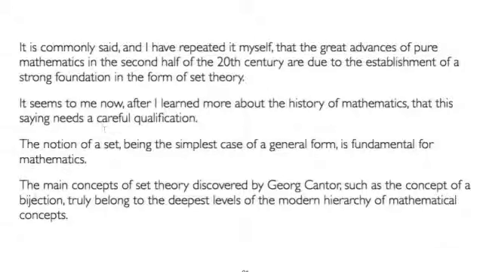And the main concepts of set theory, which were discovered by Cantor, such as the concept of bijection, truly belong to the deepest level of the modern hierarchy of mathematical concepts. This is definitely what made modern mathematics possible.